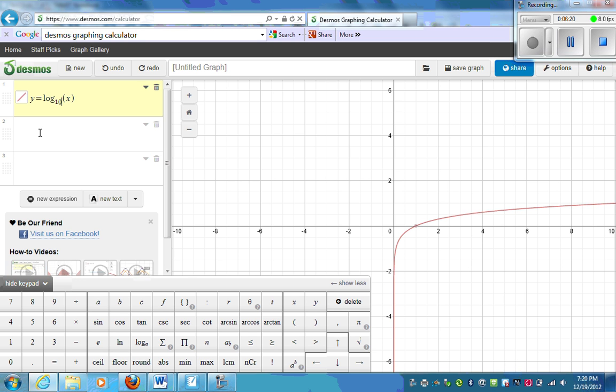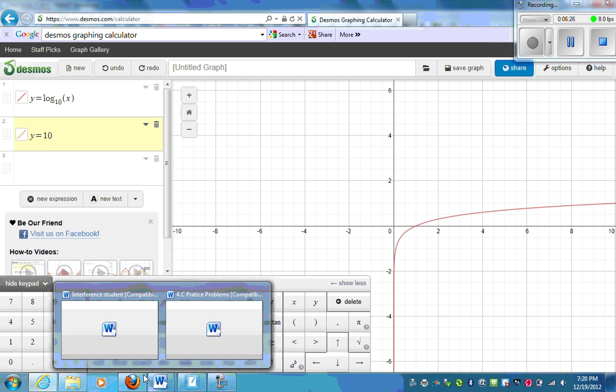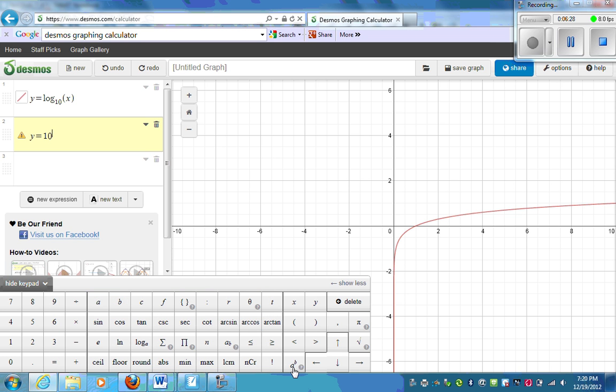That's interesting. And we're also going to do y equals 10 to the power of x. To do to the power of, I think, is right here. Again, we can see that they are mirrored images along the line y equals x. They're mirrors of one another.